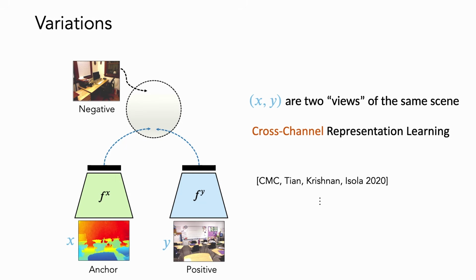So one example is if you actually have data of something like a scene and the depth image for that scene, then you can, for example, try to learn representations that put things close together if the image of the scene closely matches the depth of the scene. So you can learn representations that capture something about scene structure by explicitly leveraging RGBD during training.